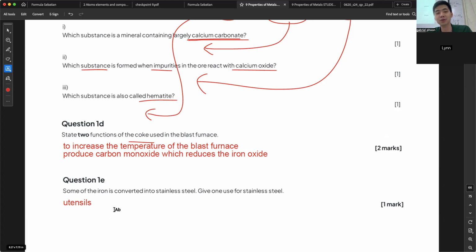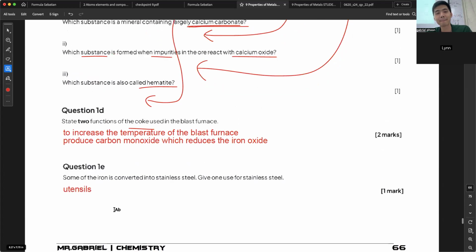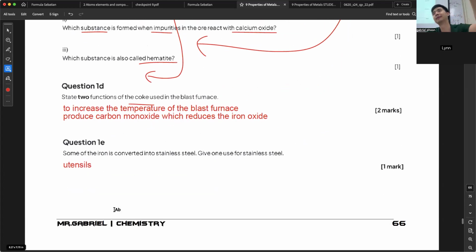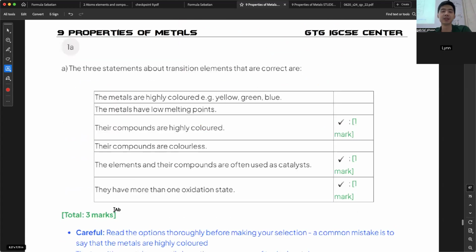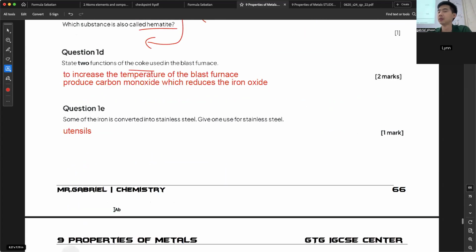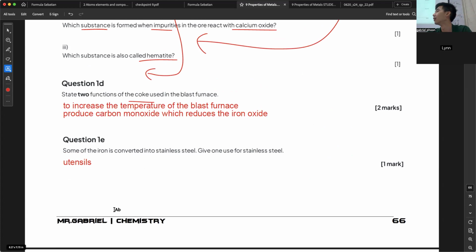Spelling is not my strong suit. Then move on to the next question, please. You know what utensils are? Fork and spoon.